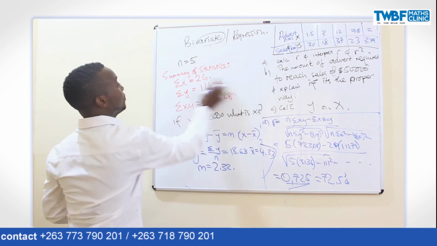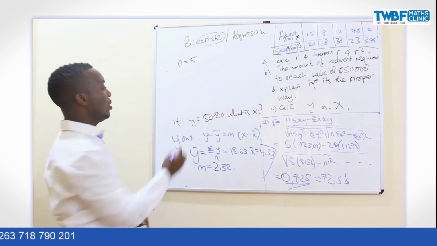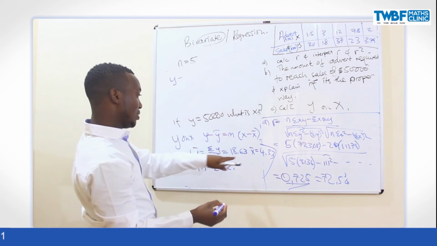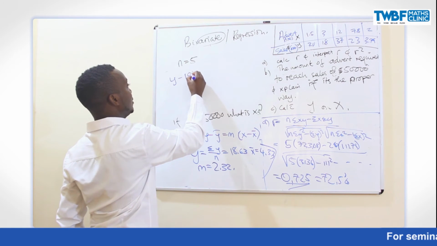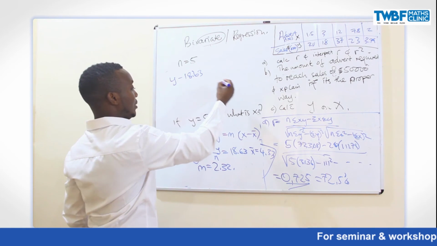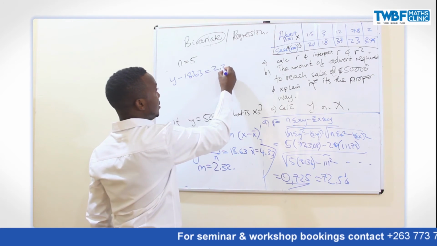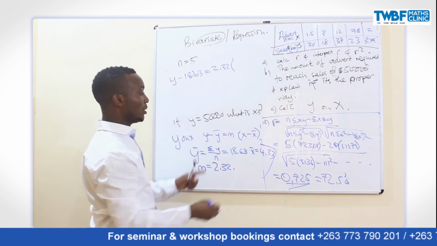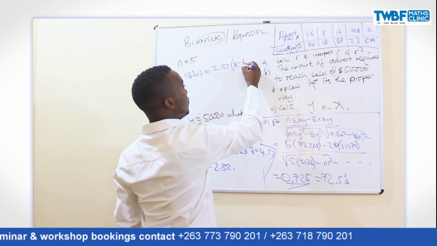So now Y minus 18.63 equals 2.32 times X minus our X bar, 4.33.